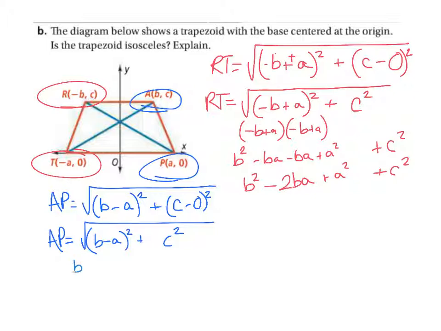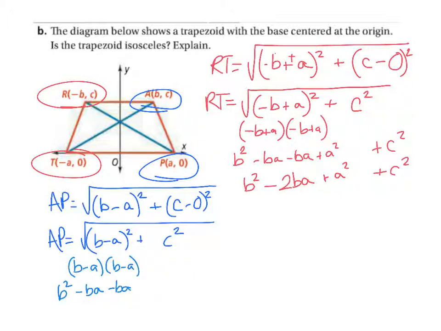I'm going to write b minus a twice, because I'm squaring it. And then I'm going to FOIL, so first, that's b squared. Outer is a minus BA, and inner, minus A times B again. Oh, looky there.